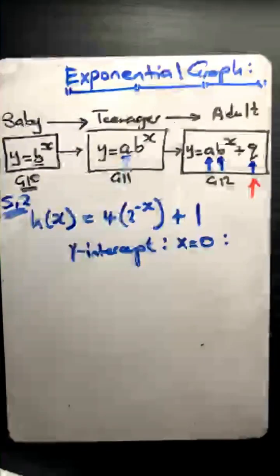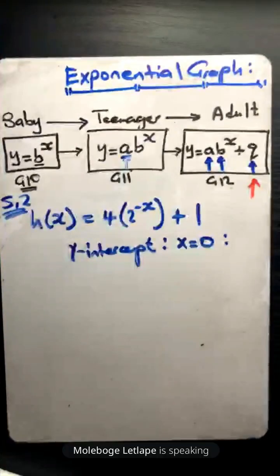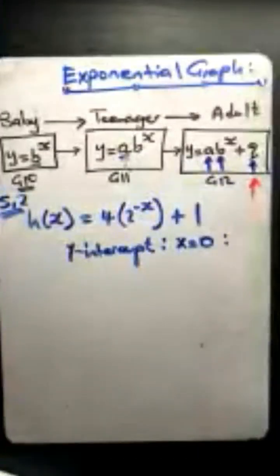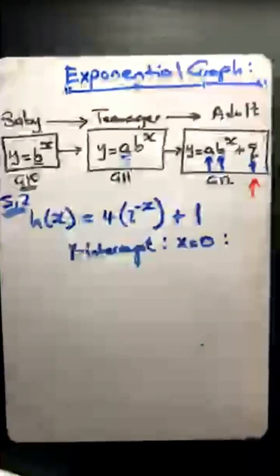Okay, are you guys done, or are you still calculating that side? Well, our y-intercept is equal to 7. Someone is getting 7. Is it everyone who's getting 7?